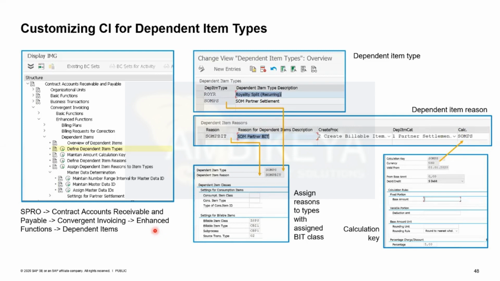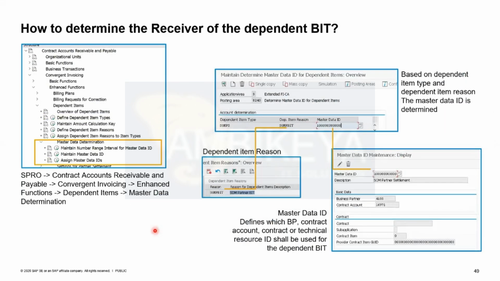Okay, so this is one part, like how a price is determined. The second part is the details, like who this partner is and what its corresponding contract account is. All these details used to be part of a partner agreement. We can still use a partner agreement, but we have something called a master data ID, which is linked to a combination of dependent item type and reason.